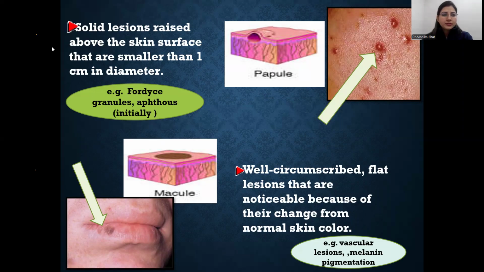These solid lesions are initially the primary lesions. First is the papule, a solid lesion raised above the skin surface that is smaller than 1 centimeter in diameter. And if the lesion is flat or circumscribed, which can be differentiated from the adjacent surface of the skin, it is the macule.